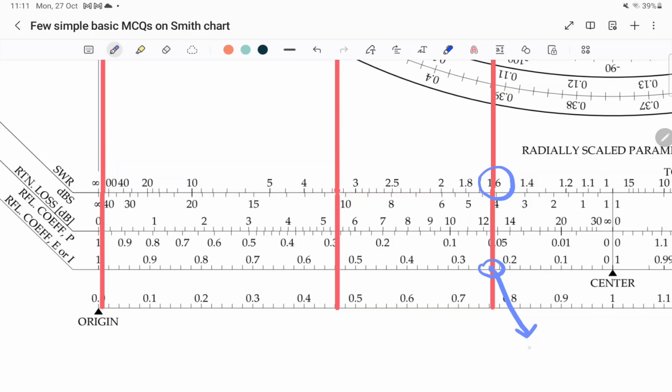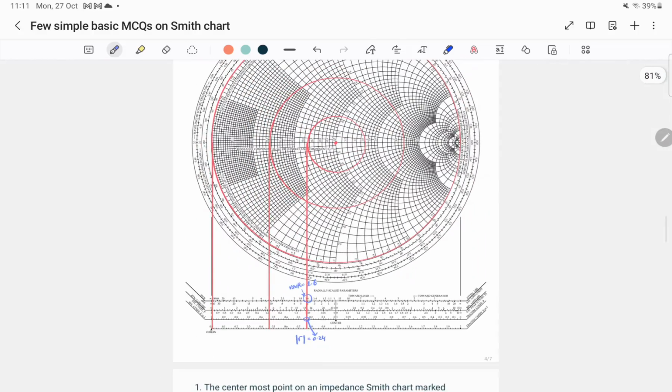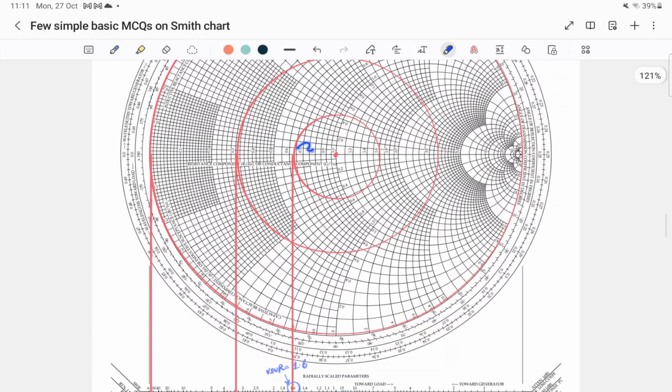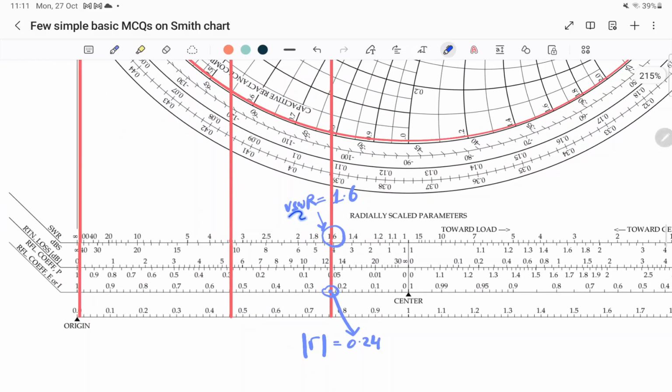So this is 0.24, the value of the reflection coefficient, and the VSWR is 1.6. This same circle represents two different values in the Smith chart: its VSWR is 1.6 and its reflection coefficient is 0.24.